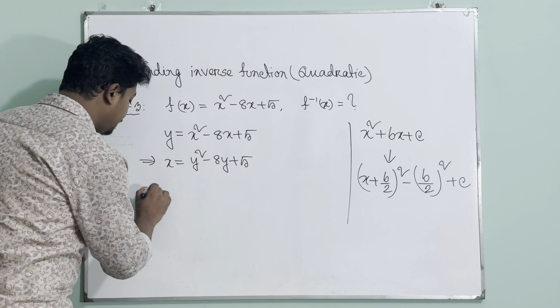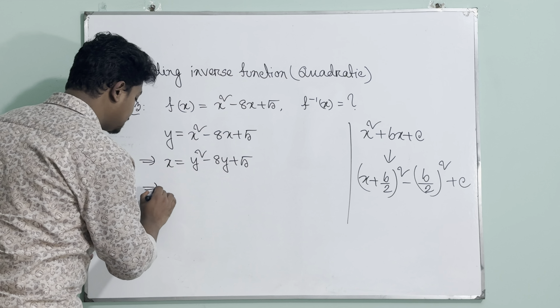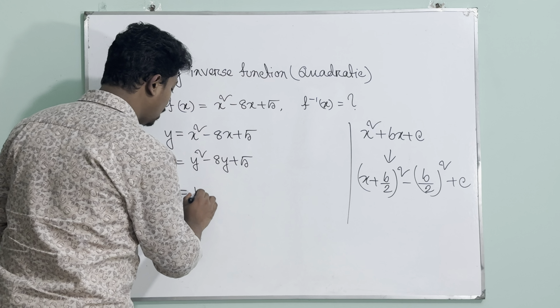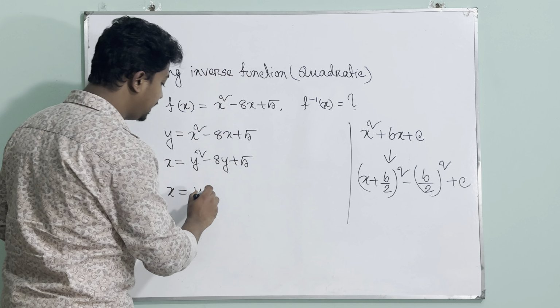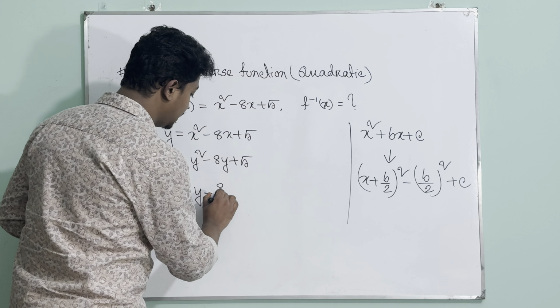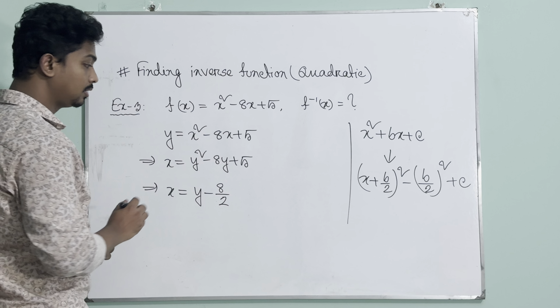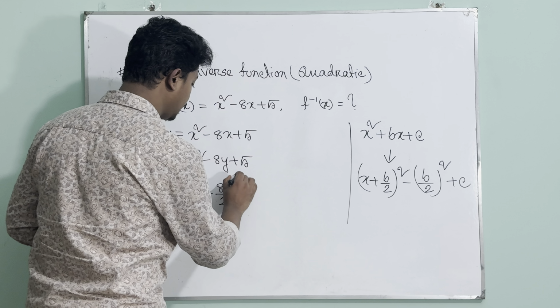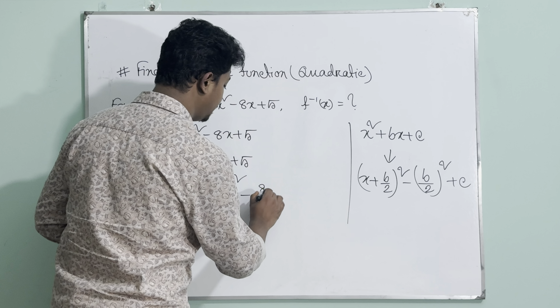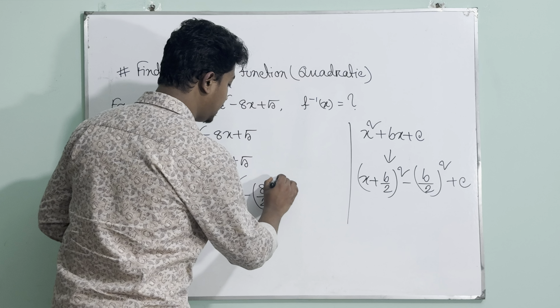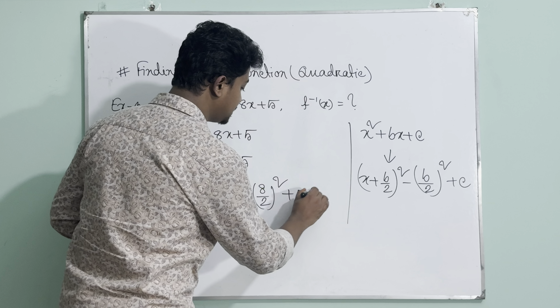Now let's do it. First of all, x equals, in place of x we have y, plus b divided by 2. What is our b? Our b is minus 8, right? So minus 8 divided by 2, whole squared, then again minus b divided by 2, so minus 8 divided by 2, whole squared, plus c. Our c was 5, still 5.